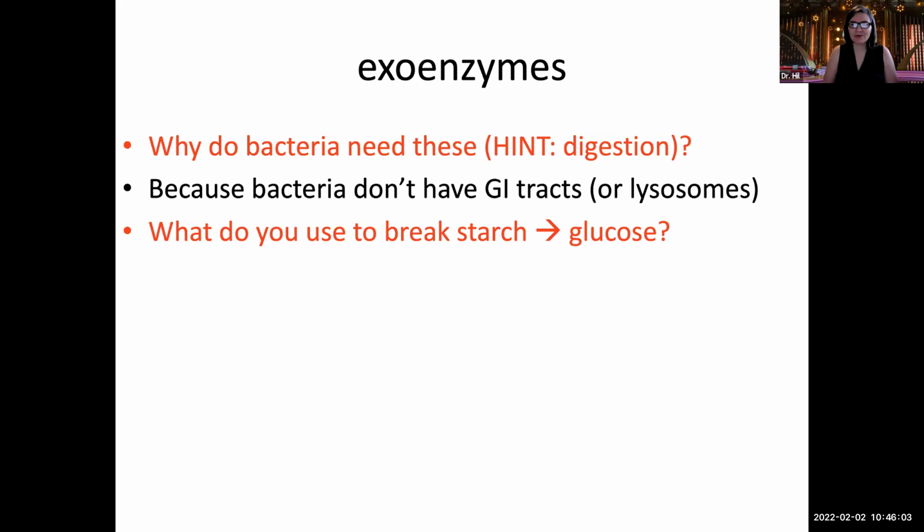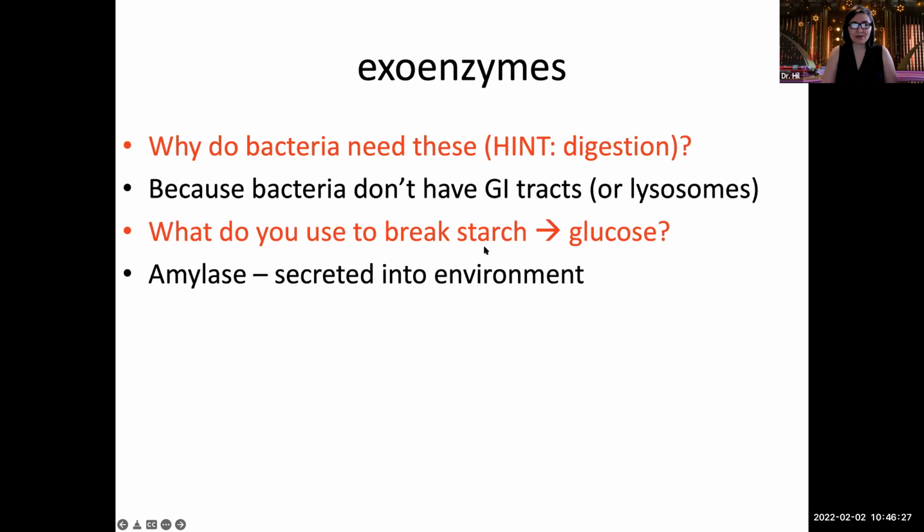The enzyme that we produce in our saliva initially. We produce a version of it in our pancreas that's then dumped into the small intestine. So there's the salivary one, and then there's the pancreatic one. Yes, it is the enzyme called amylase.